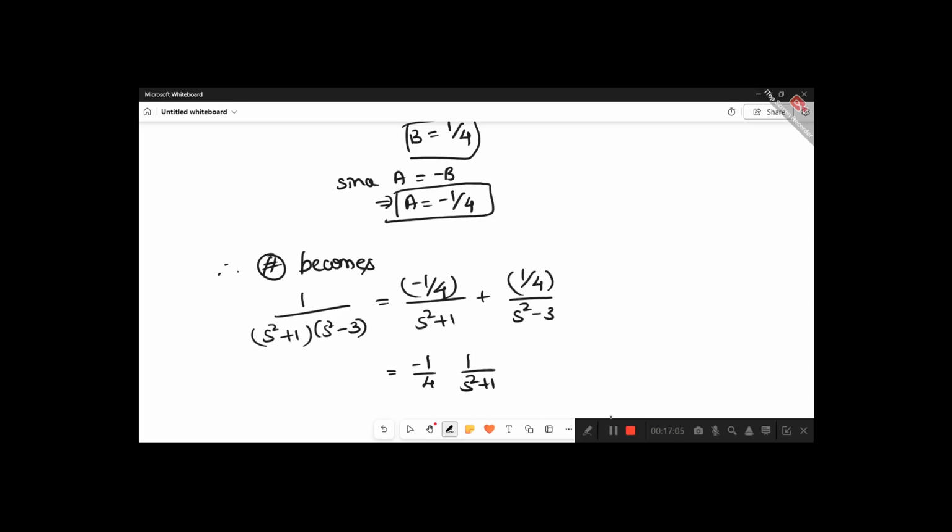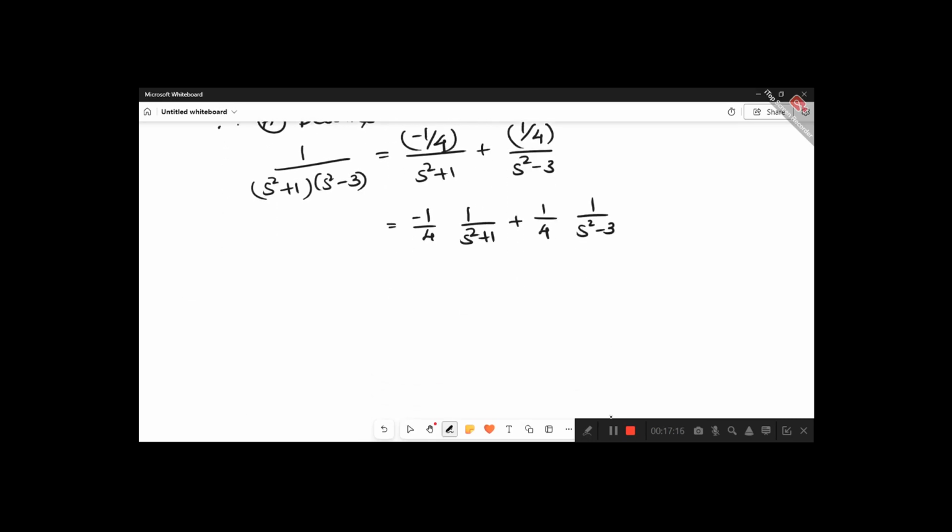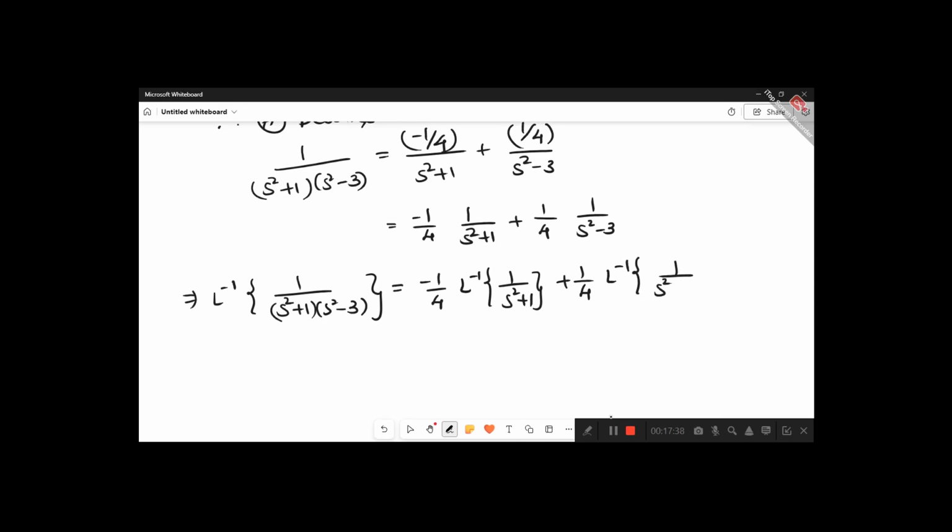This implies Laplace inverse of 1 by s square plus 1 into s square minus 3 is equal to minus 1 by 4 Laplace inverse of 1 by s square plus 1 plus 1 by 4 of Laplace inverse of 1 by s square minus, which I can write as minus square root of 3 whole square. So this is equal to minus 1 by 4 times sin t, plus 1 by 4 times sin hyperbolic square root of 3t.